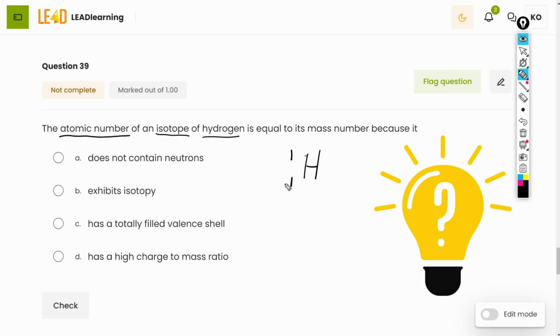When we check the number of neutrons, that will be atomic mass 1 minus proton number 1, which gives us 0. So the atomic number of an isotope of hydrogen is equal to its mass number because it does not contain neutrons. That's all we've got in here. So our correct answer is option A.